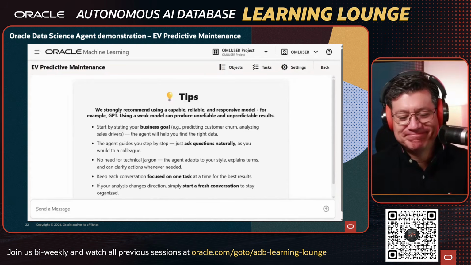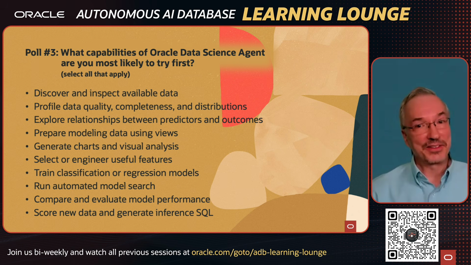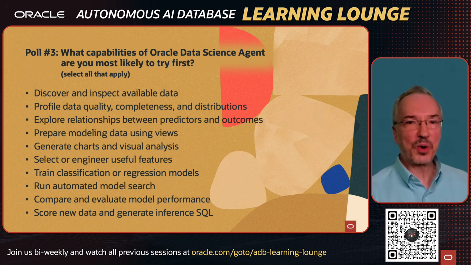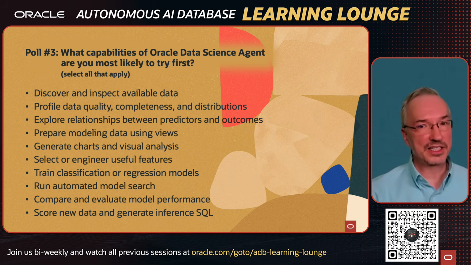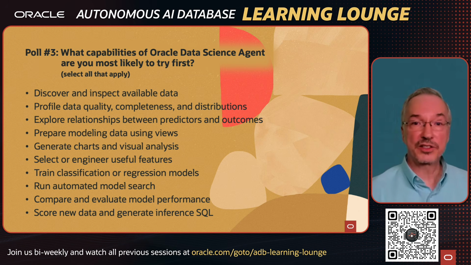Yeah, awesome. So given what we've just covered and the demo you've seen, let's take another poll to see: what capabilities of Oracle Data Science Agent are you most likely to try first, and select all that apply. Is it to discover and inspect available data, profile data quality, completeness, and distributions, explore relationships between predictors and outcomes?